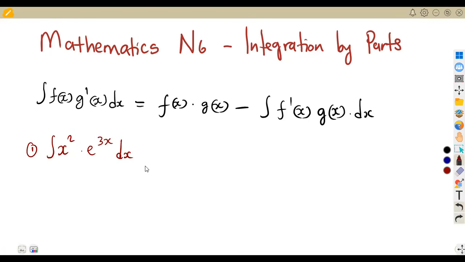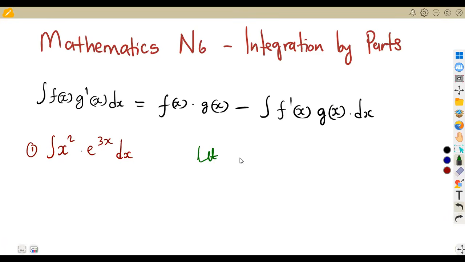So you'll be wondering now in the exam, which part is best for me to choose? It is always the best choice, whenever there is an algebraic term, to take it as your f of x.